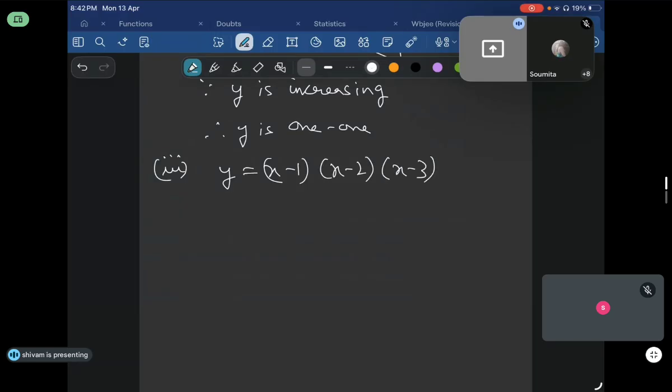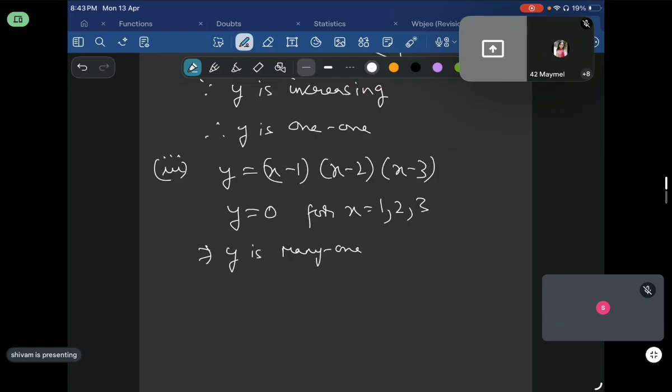Without differentiating only, you can say, can you people see that y is equal to 0 for x equal to 1, 2, and 3? So what is it, 1, 1 or many 1? This implies y is many 1.